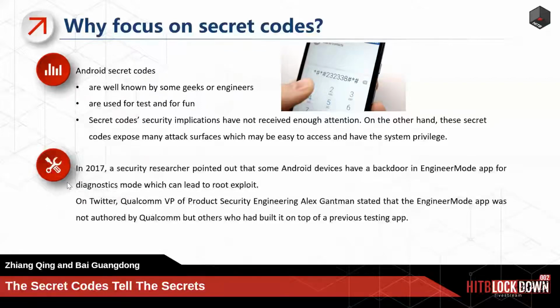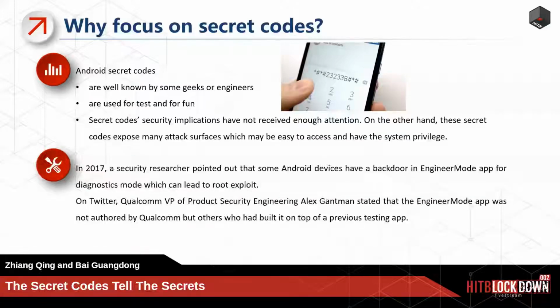So here is a very famous incident in 2017. A security researcher pointed out that some Android devices, whose brand name we omit here, a brand with a lot of users, have a backdoor in an engineer mode app, which can lead to a root exploit.